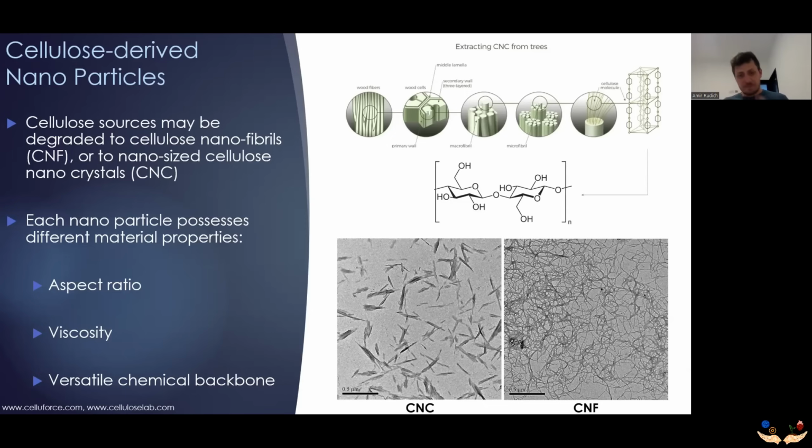For instance, if we take a cellulose mass and expose it to acid hydrolysis, we're able to isolate small nanometric crystals known as CNC, or cellulose nanocrystals, which are very, very strong, thin needle-like rods that in fact have mechanical performance similar to Kevlar.